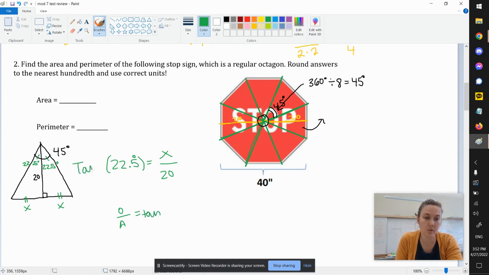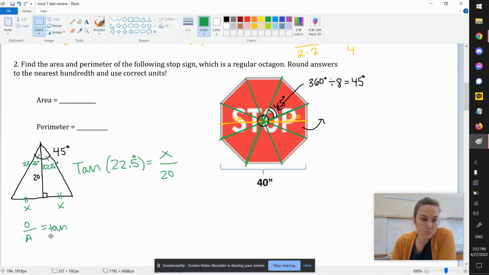So I'll take the tangent of 22.5, set it equal to x over 20. And now I'm going to use my calculator. I'm going to plug in tangent of 22.5. So tangent 22.5 equals, I got 0.414.